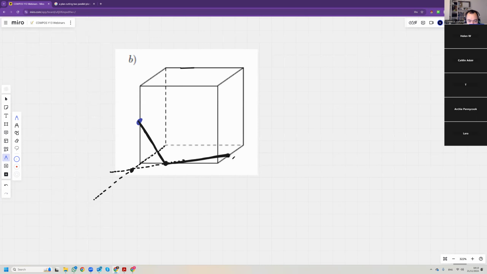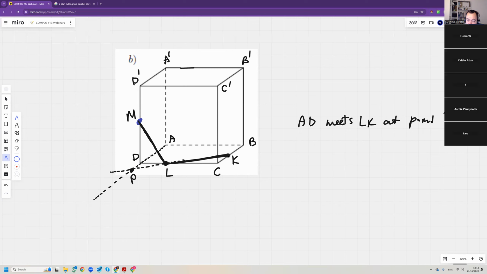So this is where, let's say K, L, M, N, let's say P. P is where line LK meets the line CD, A dash, B dash, C dash, D dash. So AD meets LK at point P.